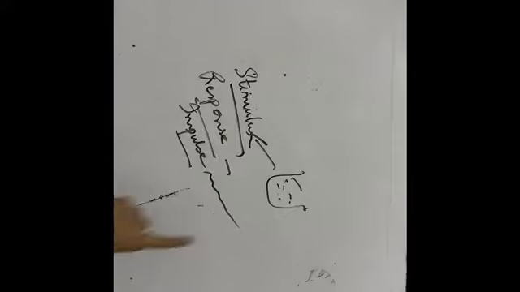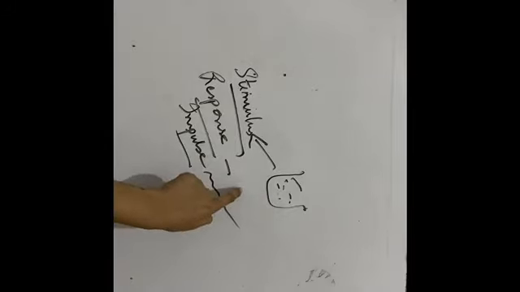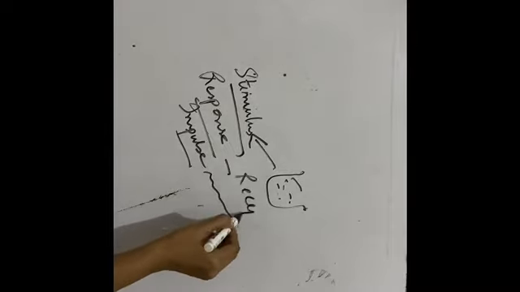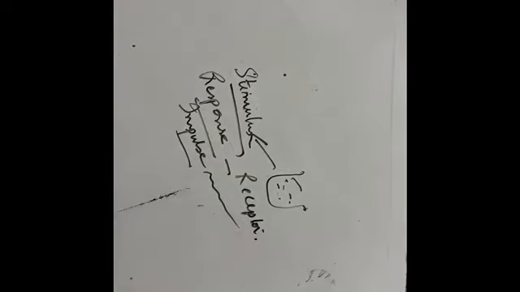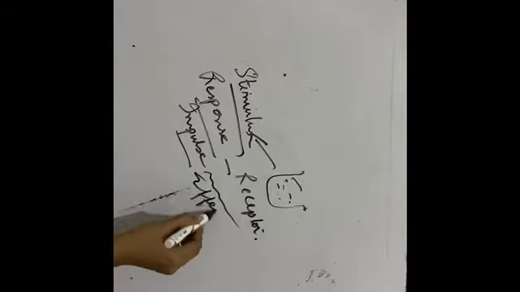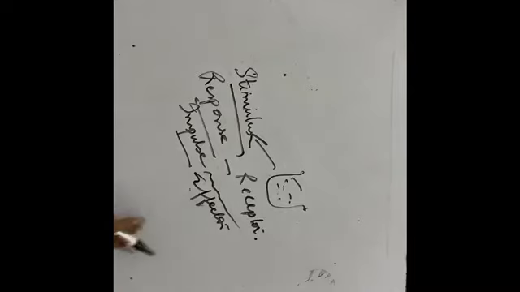Firstly, there is a stimulus. Then, because of that stimulus, your receptors receive that message, and then the receptors send an impulse to the effector organs which can react, and then your effector organs bring a response.